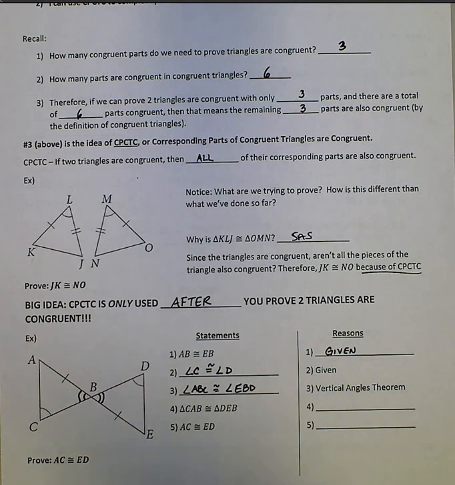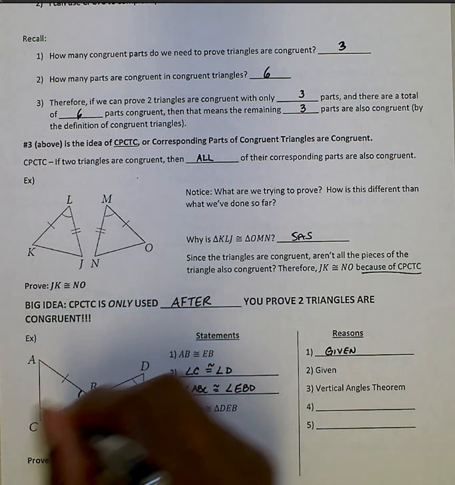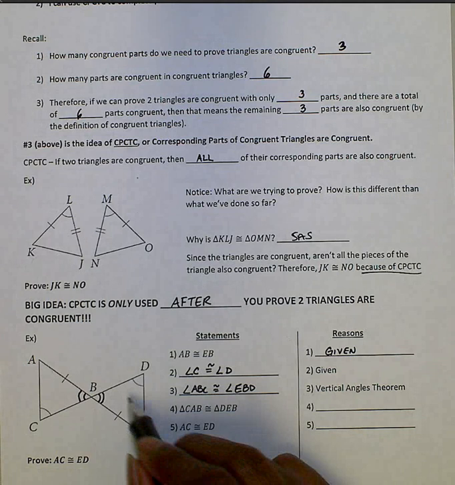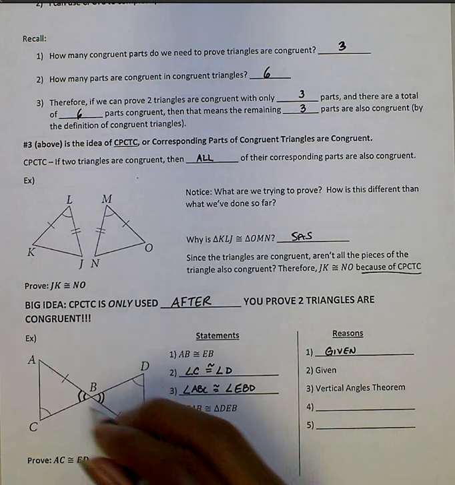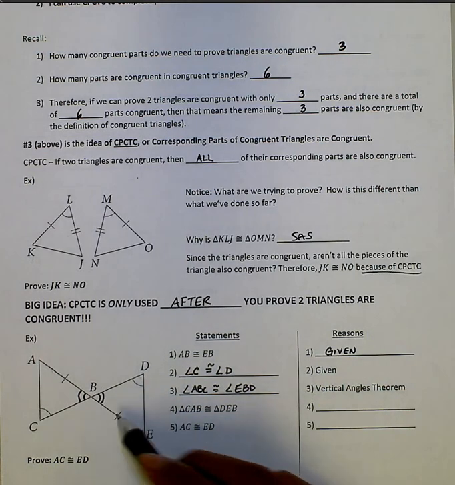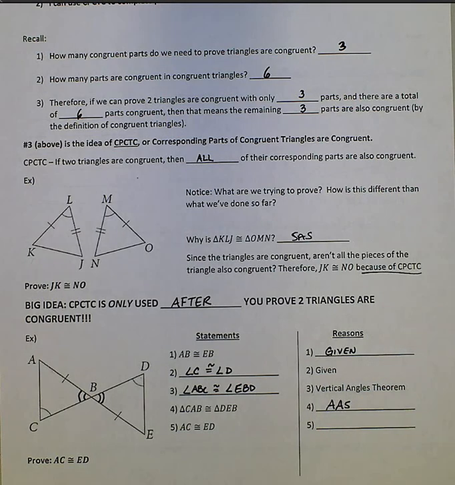Okay, remember that when we name those, we name them how we draw them without picking up our pencil, A to B to C. And then now with my markings, I can say that these 2 triangles are congruent to each other. I can say that CAB is congruent to DEB because of angle, angle, side. Angle, angle, side because the side is not included, so it's not angle, side, angle.